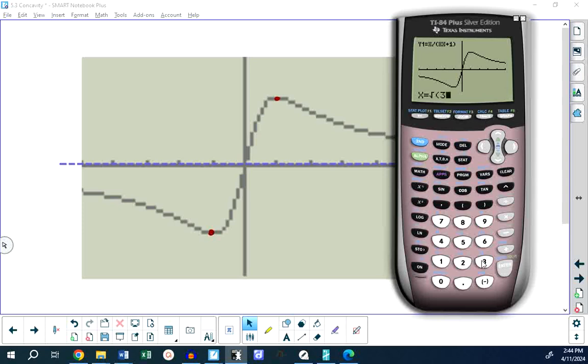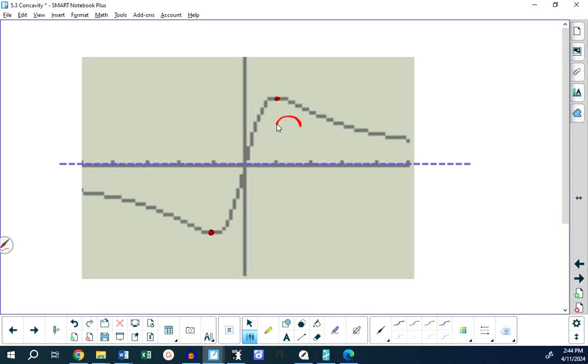We said the graph had an inflection point at root 3, comma root 3 over 4. Am I right? Okay. Before I go on, would you agree that it's concave down here for sure, and it's concave up here for sure?